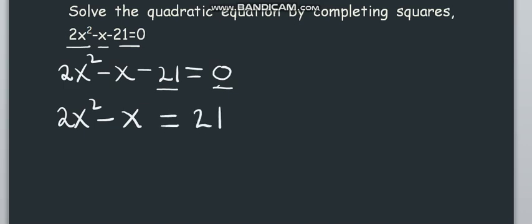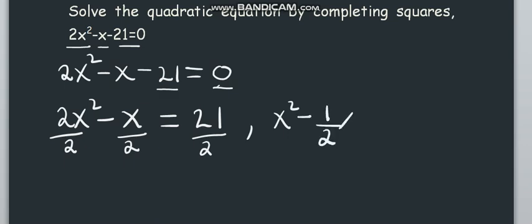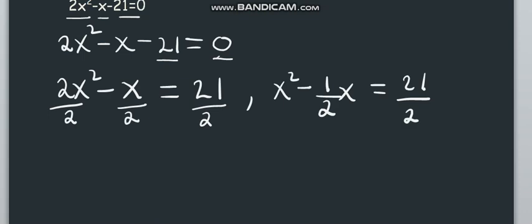We shall ensure that the coefficient on x squared is what? A 1. Is that okay? So we shall divide by 2, and our resultant will be x squared minus a half of x is equal to 21 out of 2. Now what we will do next, we are going to do our simple technique.